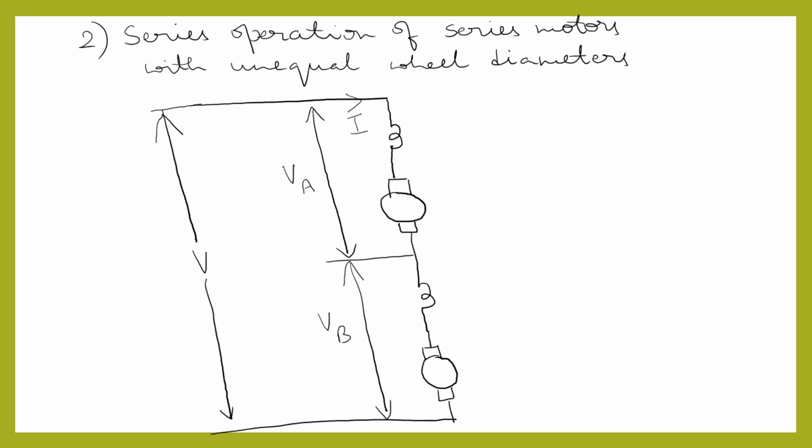That is, VA and VB is not equal. So we have the speed proportional to V minus IR and V equal to VA plus VB.